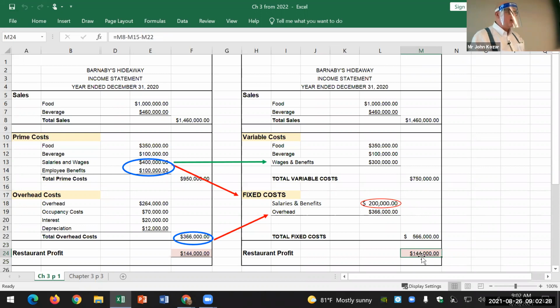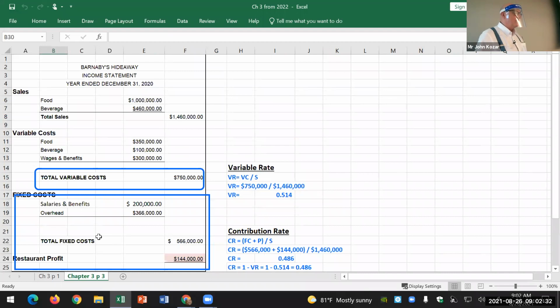Okay, on the other side of the paper, this explains why we did that. We're going to start looking at our numbers in a way that can help us predict some things.